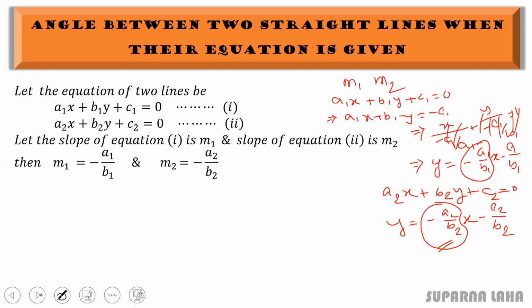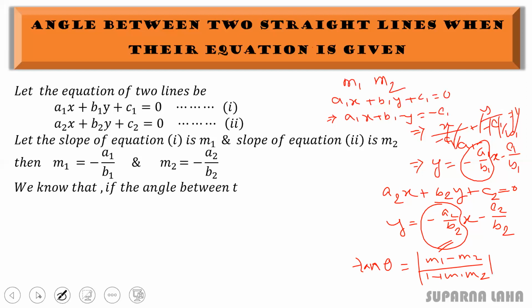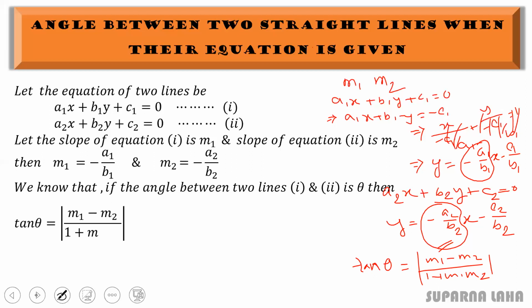Now if the slopes are given, then tan theta is what? So tan theta, if the slopes are given, is M1 minus M2 by 1 plus M1 M2. So just write down this tan theta in the form of the slope, that is M1 minus M2 by 1 plus M1 M2.